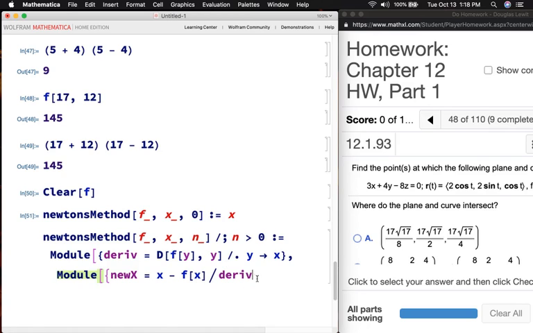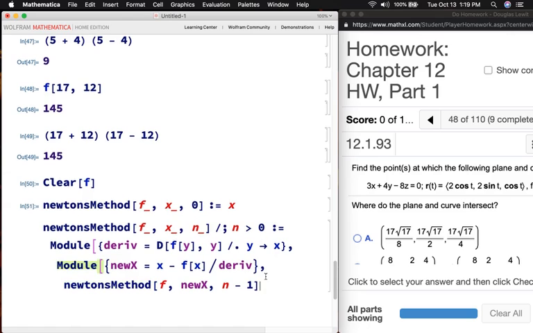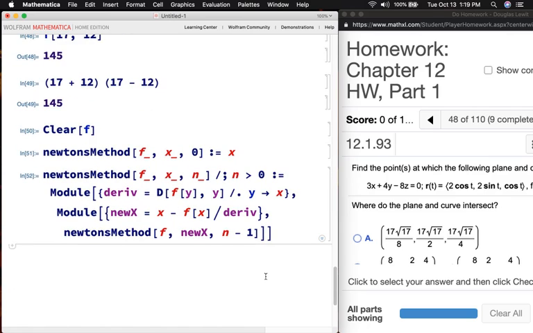X is a number. And finally, I have Newton's method, f, new x, n minus 1. Shift enter.